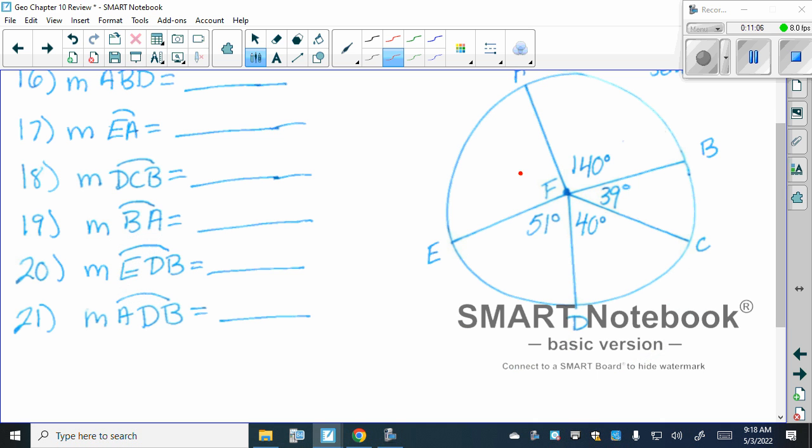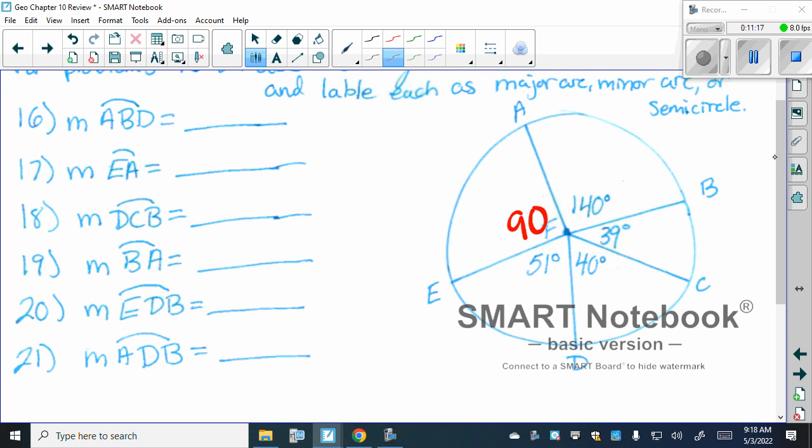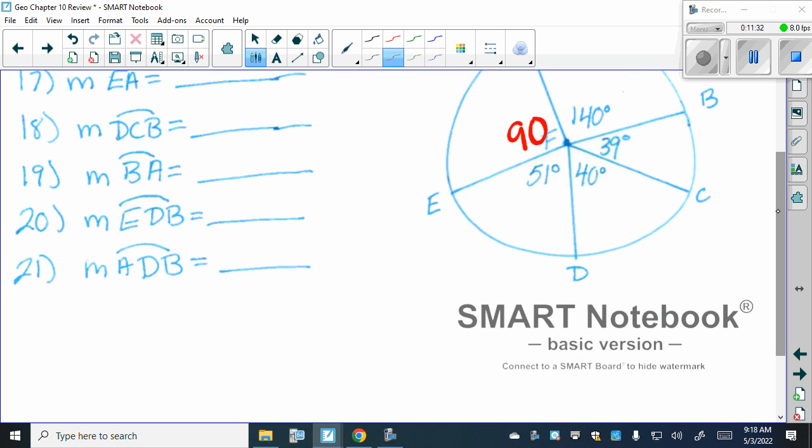Well, we know that this here is 90 because all of these should add up to be 360. So any of these here, it's just finding their values. DCB, no, EDB. So I'll just do EDB.